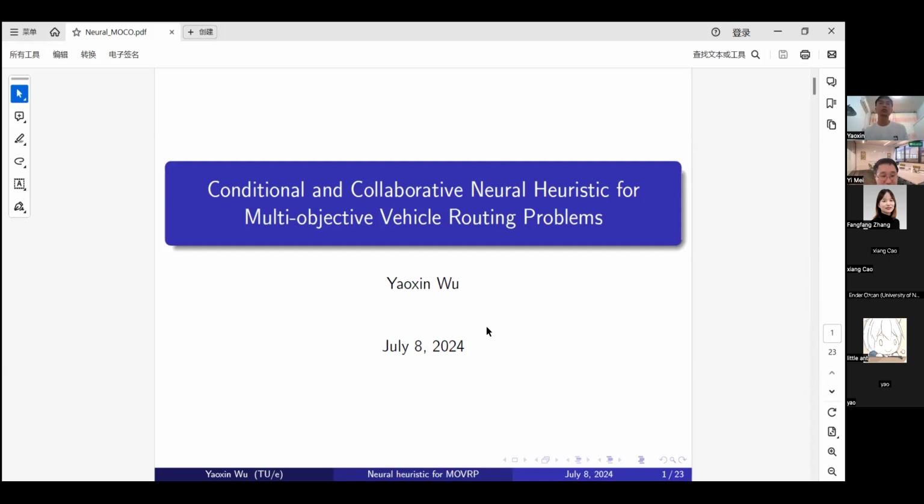May, for the introduction. The title of my talk today is Conditional and Collaborative Neural Heuristic for Solving Multi-Objective Weak Routing Problems. In this talk, I will share two of my recent works.